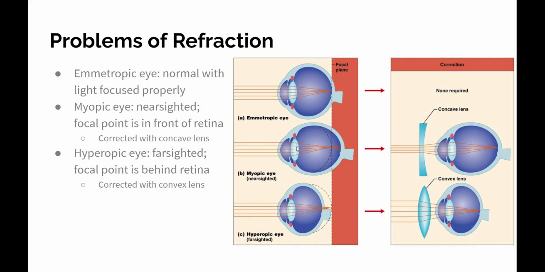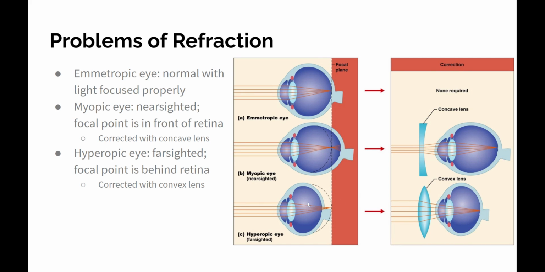Nearsighted meaning that you can see something that's close up. That's because the eye focuses the light a bit in front of the actual retina, where it needs to be. So by adding this concave lens, that spreads it out a little bit so that it projects the image and converges onto the actual retina.